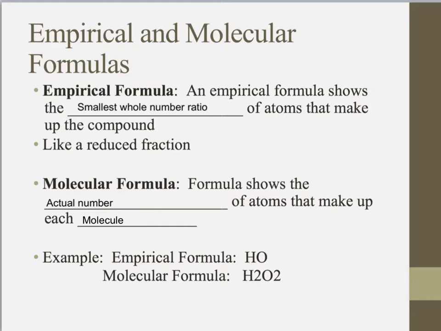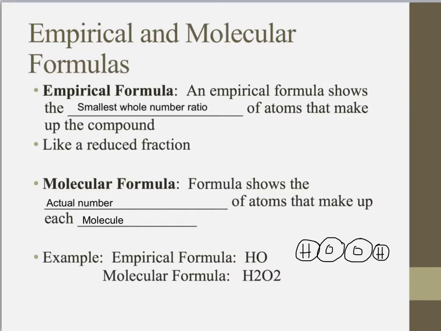If you look, I have an example. If you have a compound where each molecule is made of 2 hydrogens and 2 oxygens, its molecular formula would be H2O2. I'm going to draw a picture of that here: an oxygen, another oxygen, and then a hydrogen and another hydrogen.